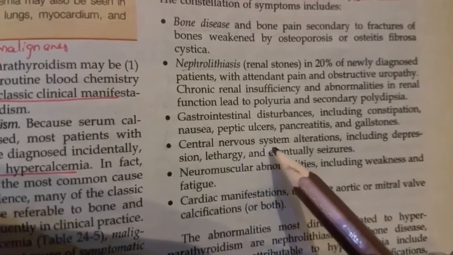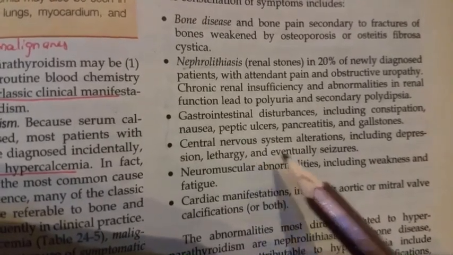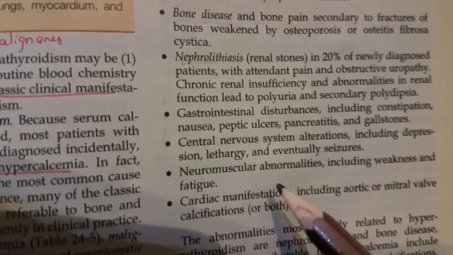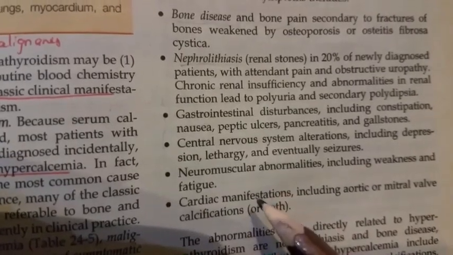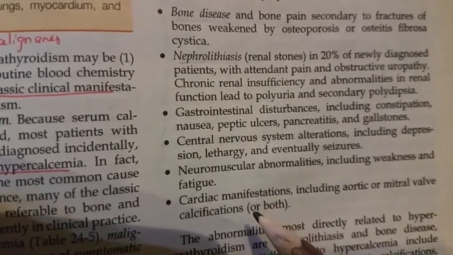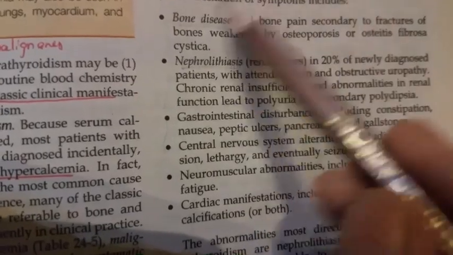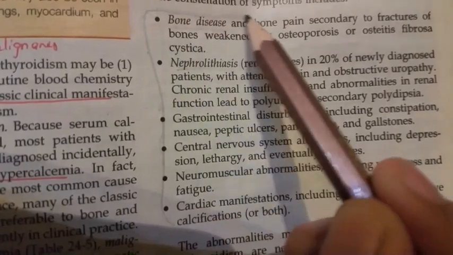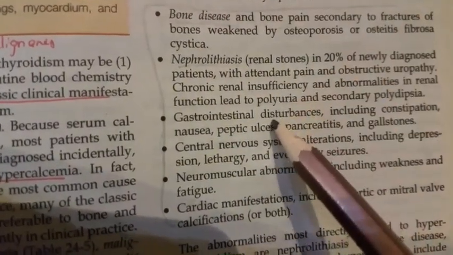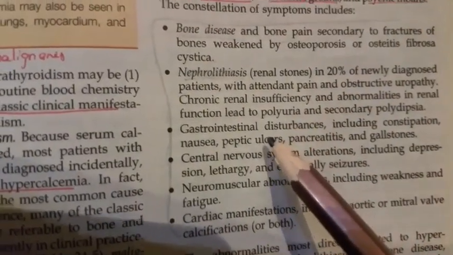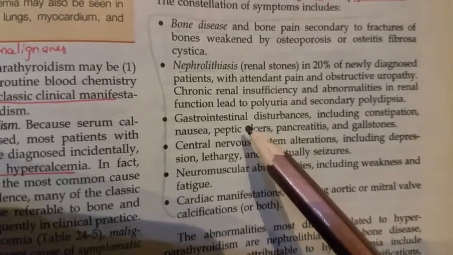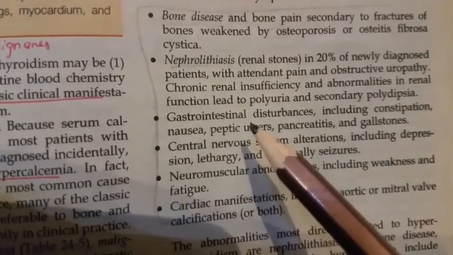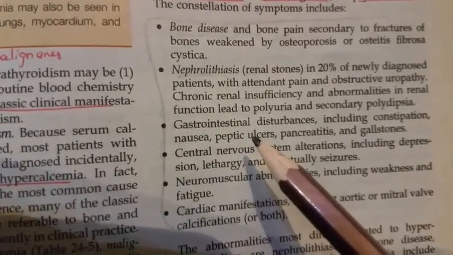There may be central nervous system alteration like depression, lethargy and seizures, neuromuscular abnormalities, weakness and fatigue, and cardiac manifestations, aortic or mitral valve calcifications. These can be the clinical signs and symptoms present due to hyperparathyroidism, whether it's due to parathyroid adenoma, parathyroid hyperplasia, or parathyroid carcinoma.